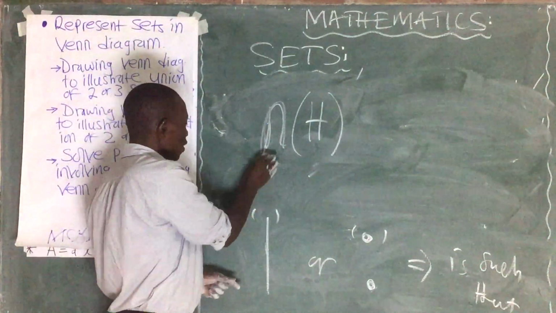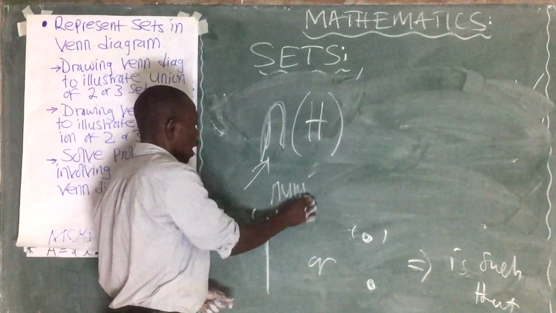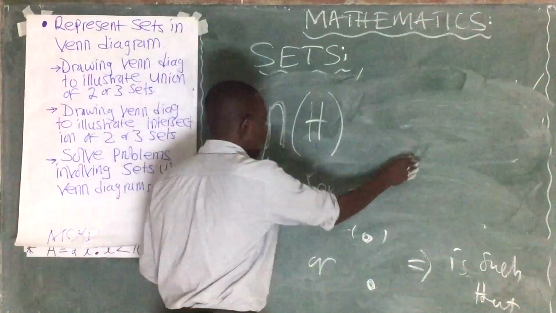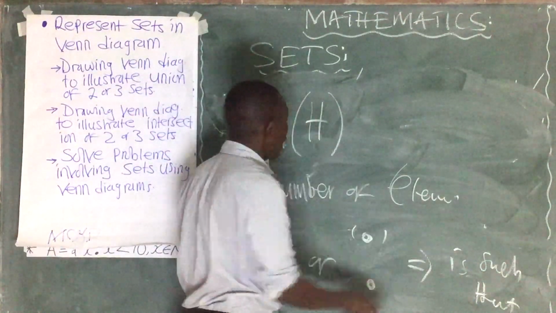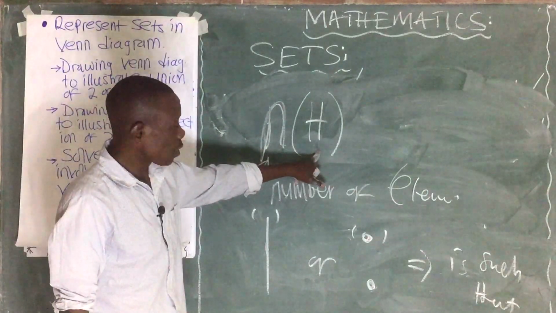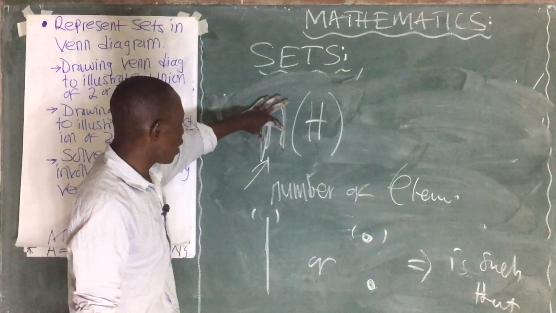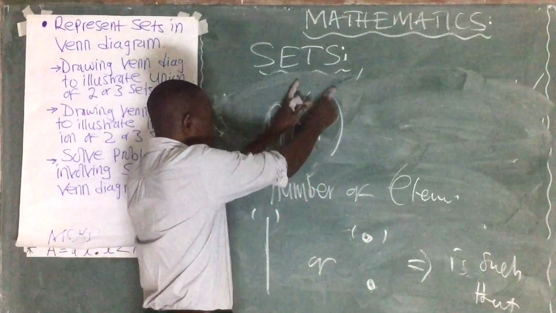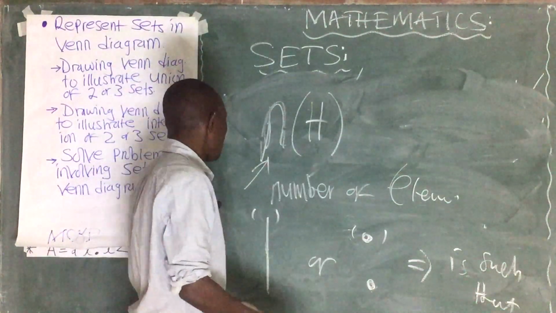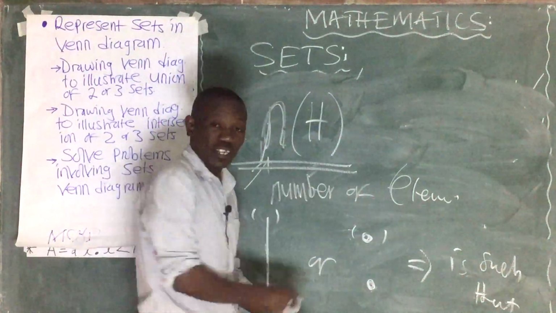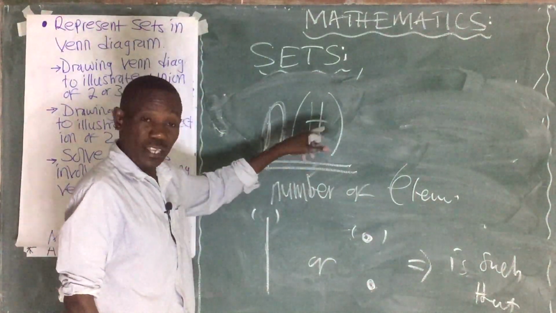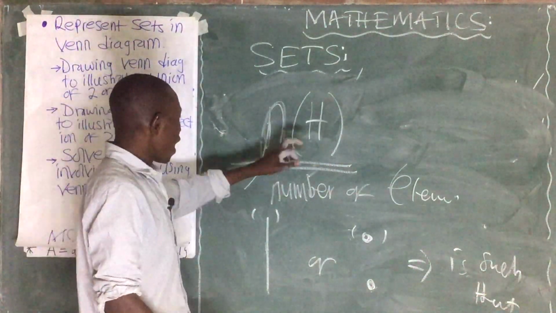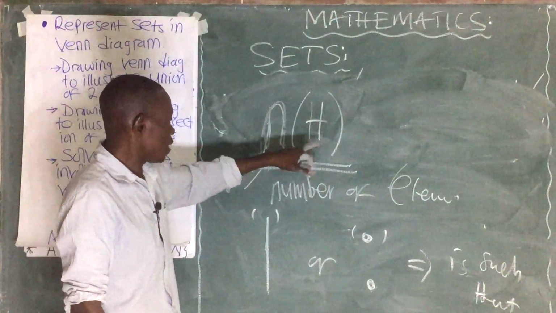This one simply means the number of what? Elements which are found in what? In H. So when you see something that looks like N outside a particular set, like set H, closed up with a bracket like this, it is described as the number of elements in H. So you as a student will just count how many elements are found in this set H.